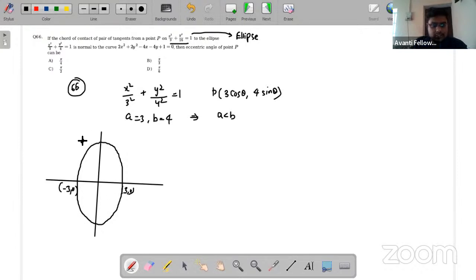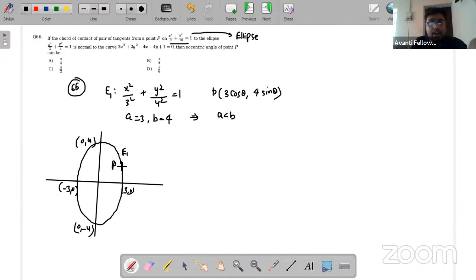And these are 0, b, so 0, 4 and 0, minus 4. Let's say this is E1, this is the E1 equation, the E1 curve. Now there is a point P, from which a chord of contact of a pair of tangents is drawn to the ellipse. So some point is there, let's say point P is there.